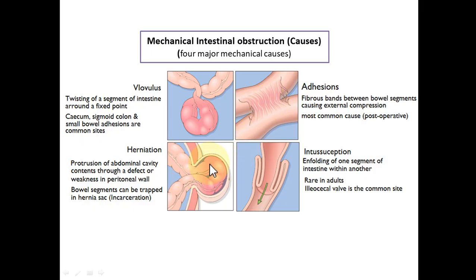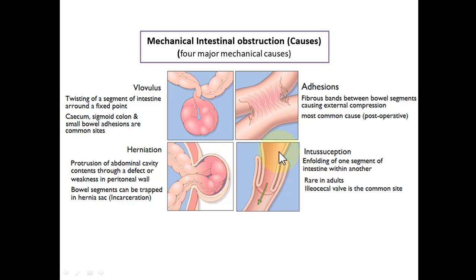The hernia is a protrusion of abdominal cavity contents through a defect or weakened peritoneal or abdominal wall, and it can become trapped, what we say incarcerated, which may undergo strangulation and vascular compromise of the blood supply, which can lead to ischemia and infarction.